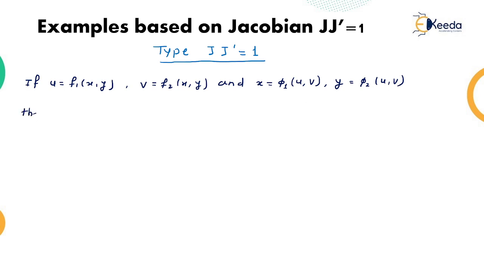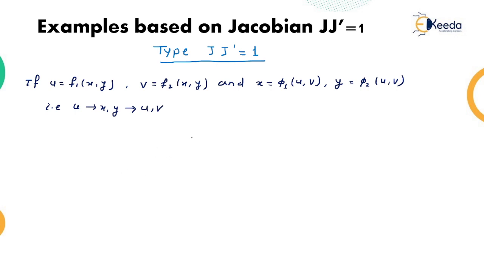Then what is the definition of this Jacobian? Once again for clarification, u is a function of x comma y, and these x comma y are functions of u and v.